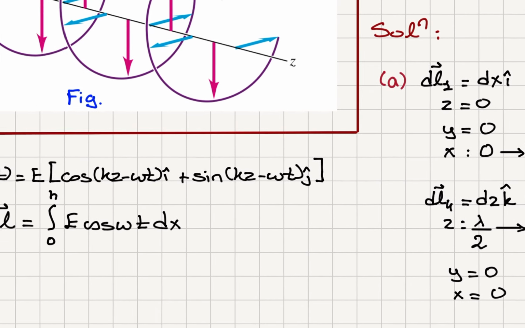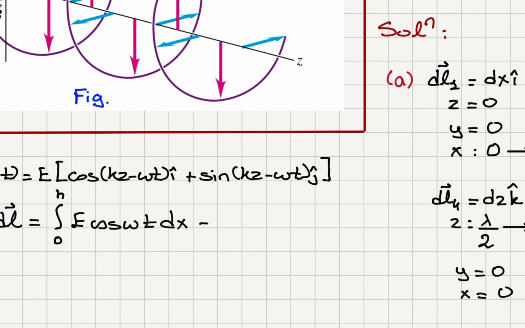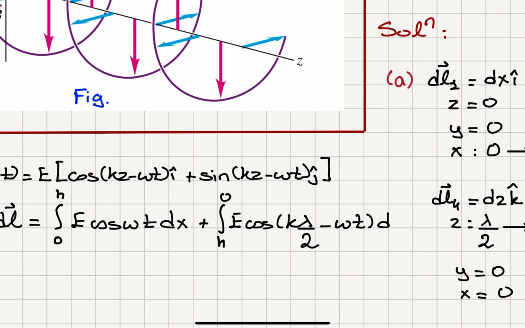So I will have plus the integral, x goes from h to 0, E cosine of k z equals lambda over 2 on this segment, k lambda over 2 minus omega t dx.